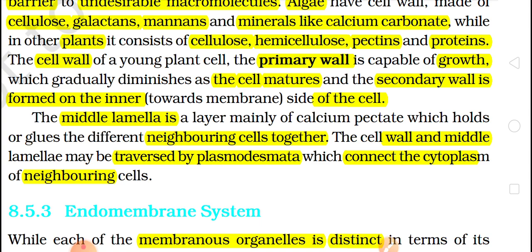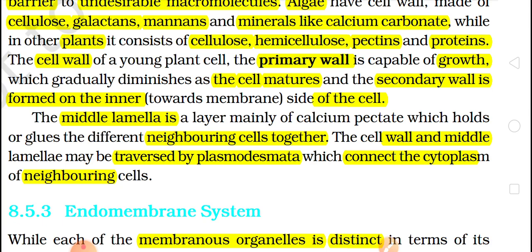So this is about the cell wall that we have discussed. Recalling the main points once again: the cell wall is the outer covering, it gives shape to the cell, provides mechanical support, protects from mechanical damage and provides barriers. In different organisms, different polysaccharides constitute the cell wall. In animals the cell wall is absent.